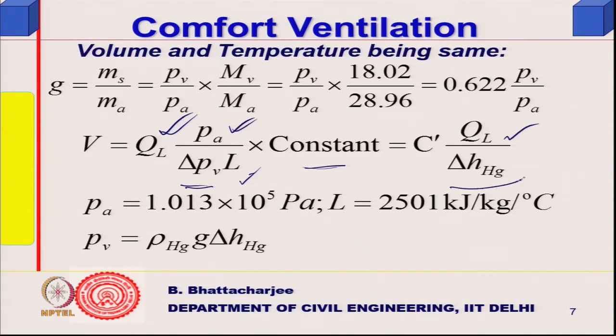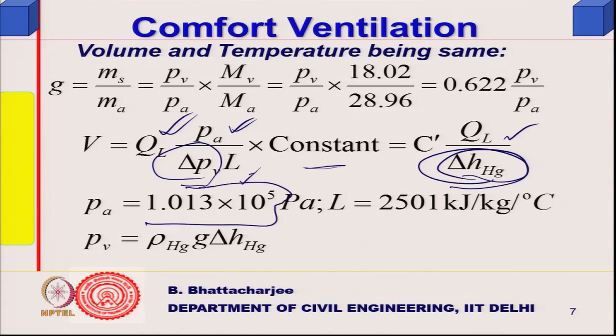So, this PB can be expressed in terms of height of mercury or head of mercury. So, delta Hg vapor pressure can be expressed in terms of mercury head.